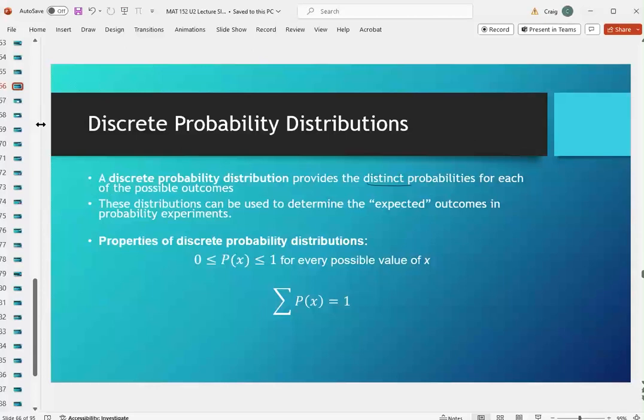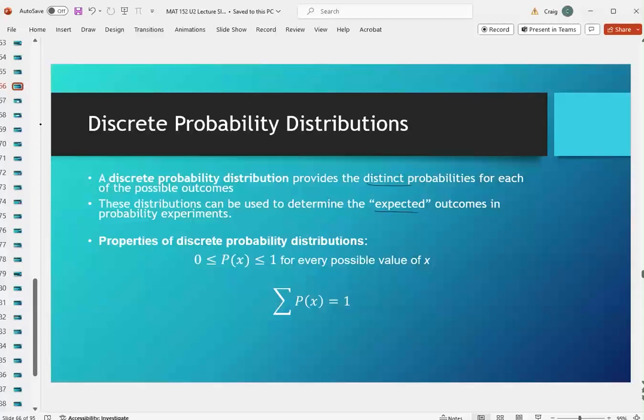You can then use these distributions to determine the expected outcomes in a probability experiment. You'll see kind of how that works, but it'll also intuitively make sense too, right? Because it'll be how you understand it to be when you measure the probability of something. And we'll talk more about that as we go.